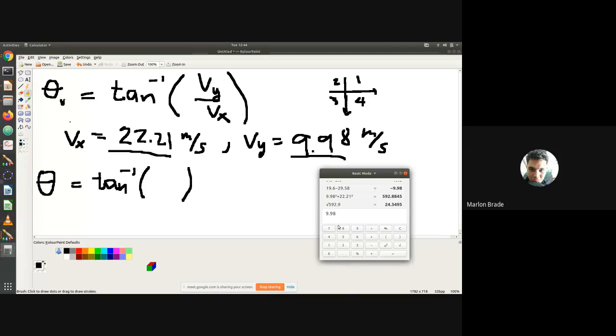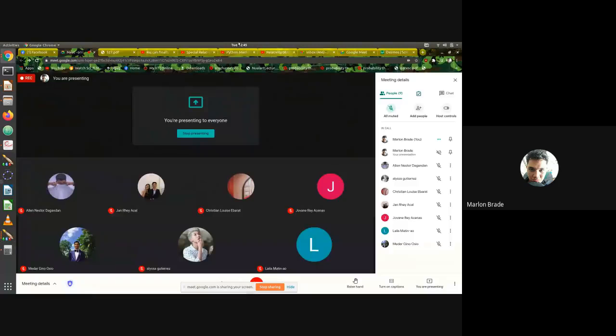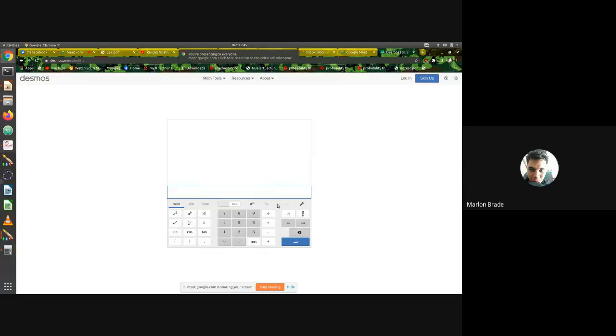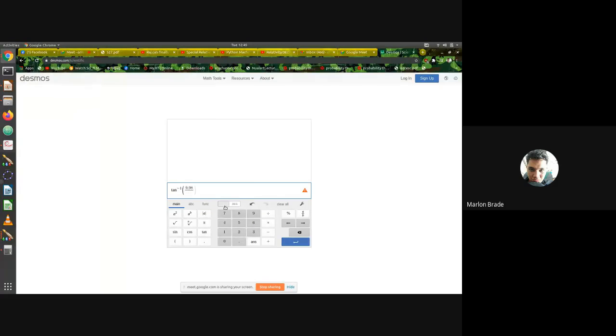So what we look at is 9.98 divided by 22.21, and let's calculate it using this calculator, using the inverse tangent function. 9.98 divided by 22.21.